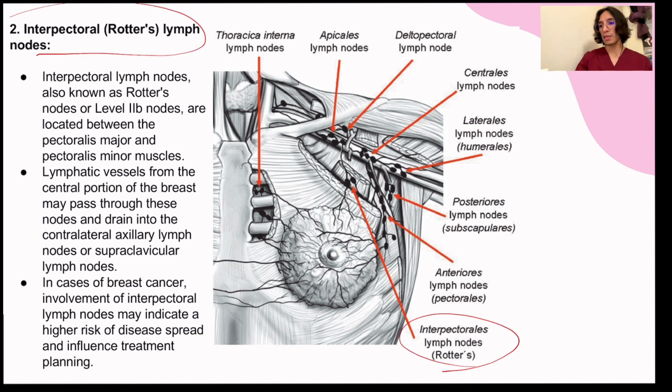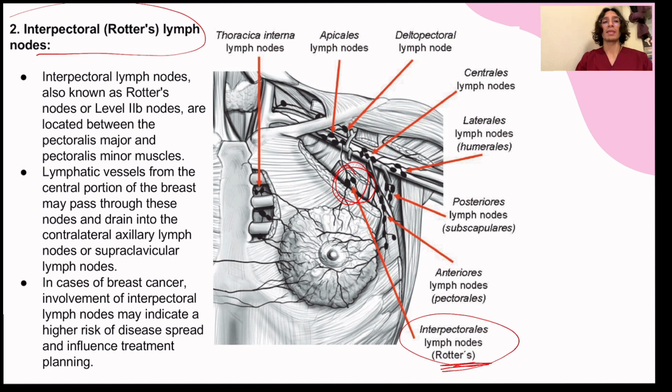Second, the interpectoral Rotter's lymph nodes. Here you can see the interpectoral Rotter's nodes, the most common name. Interpectoral lymph nodes, also known as Rotter's nodes, are located between the pectoralis major and pectoralis minor muscles.